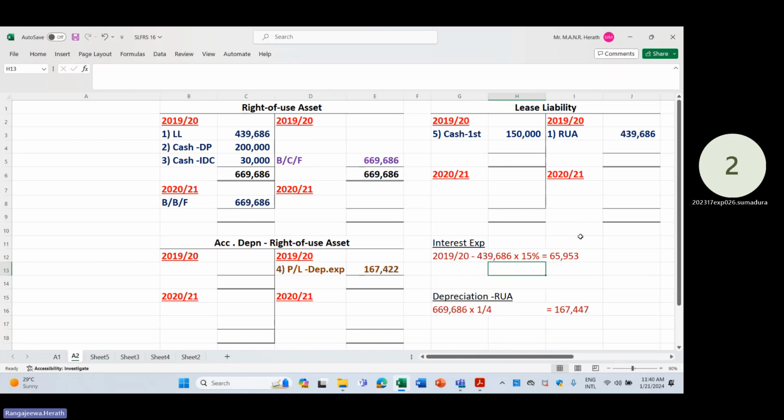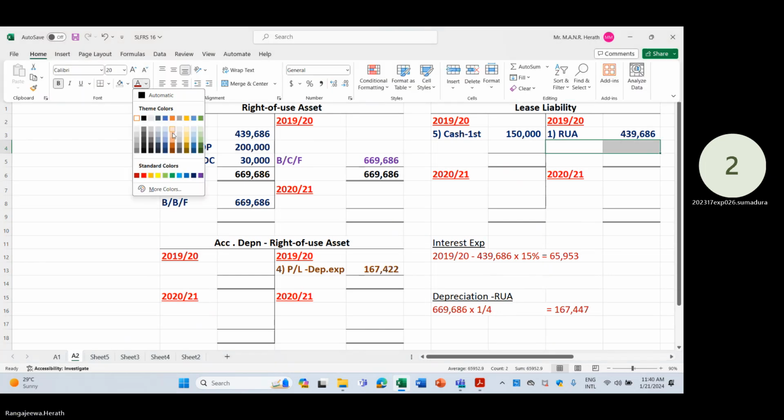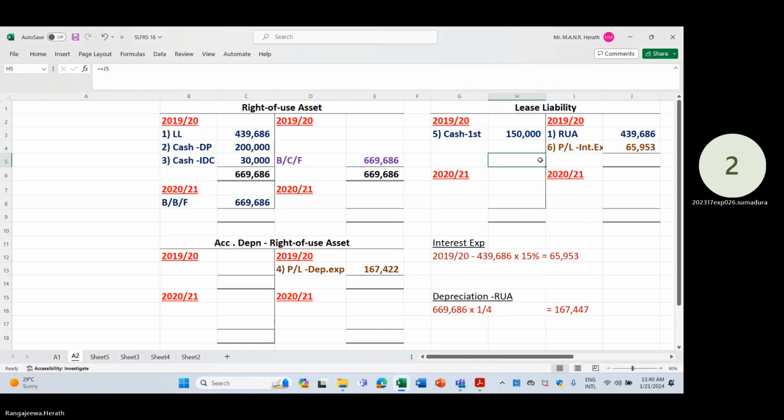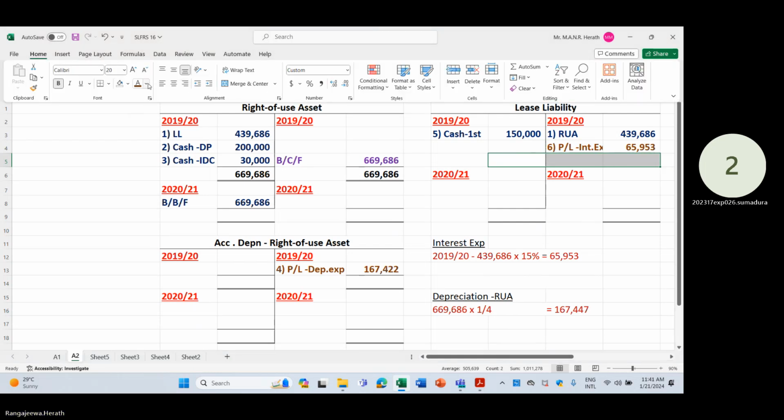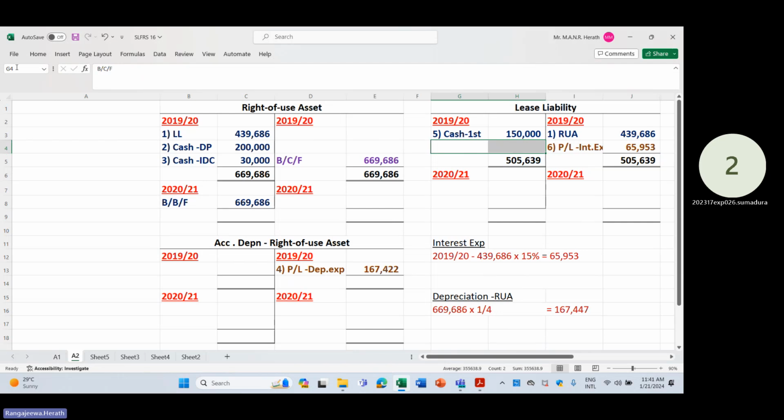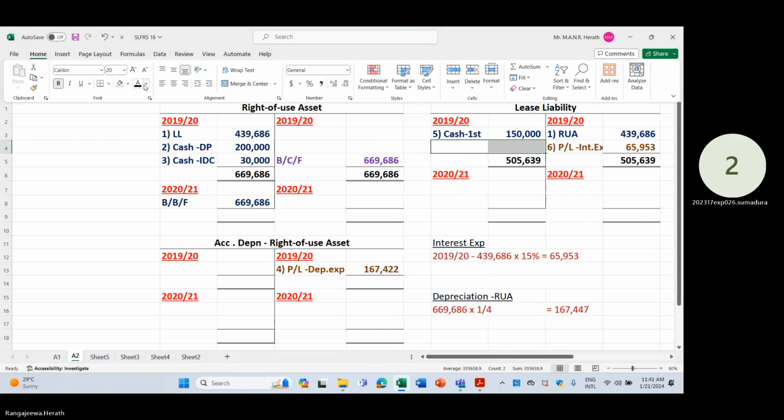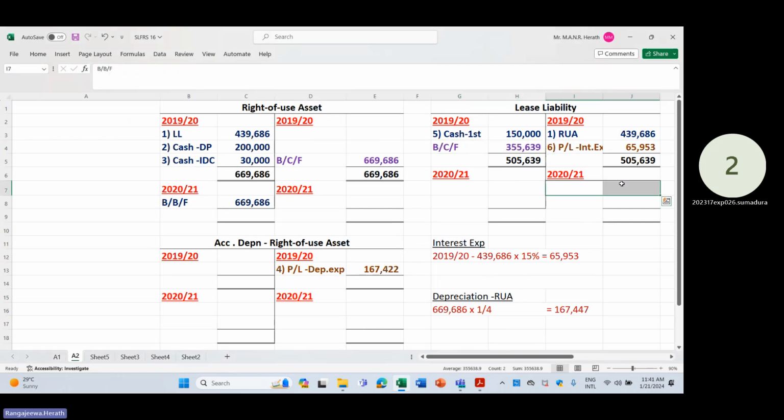439,686 into 15%. You can charge to P&L lease interest, 65,953. So the lease liability carried forward the first year is 335,000.